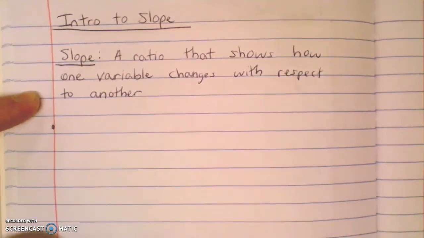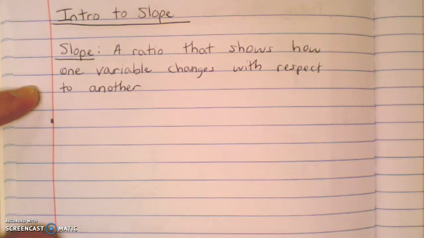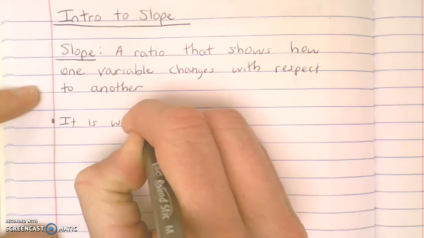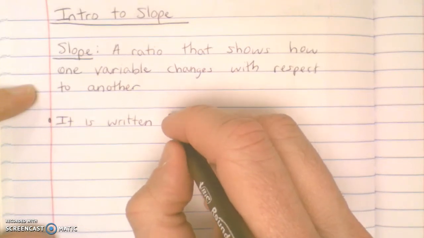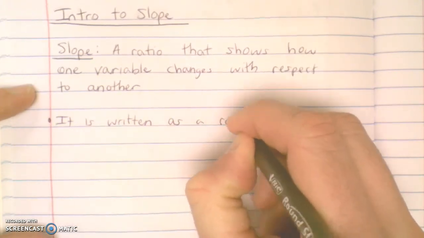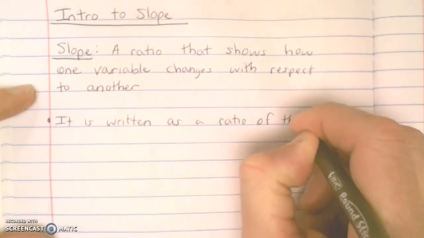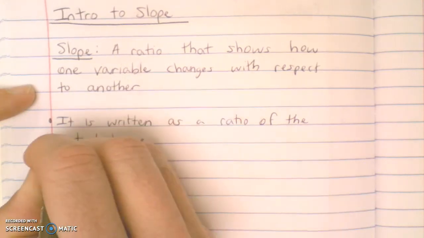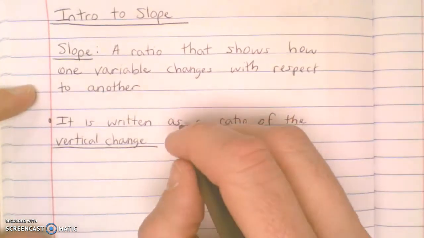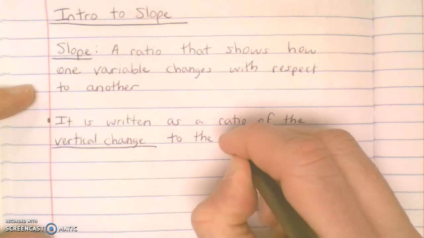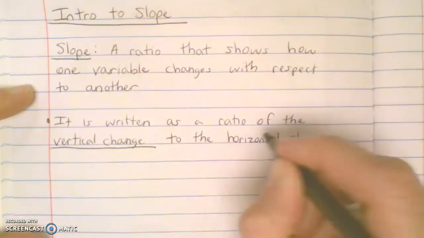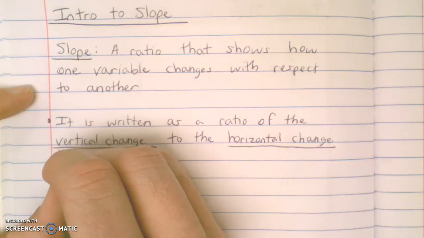So some key things about slope. It is written as a ratio of the vertical change, which remember vertical means up and down, to the horizontal change between any 2 points.